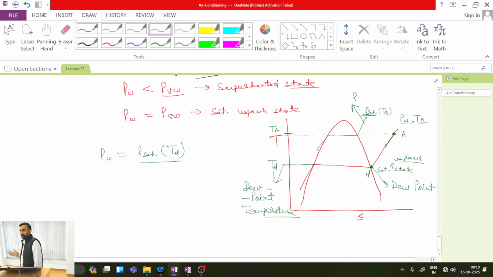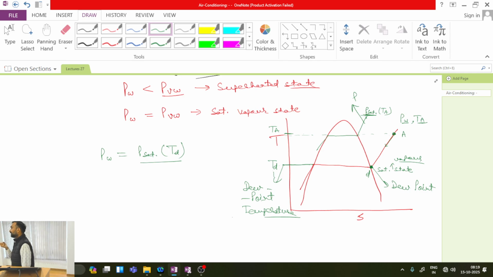Now you can relate this in a very simple way. For example, typically in summers, temperature is very high, so air has significant moisture carrying capacity. You do not see any dew formation. But in winters, temperature is low, so moisture carrying capacity decreases.